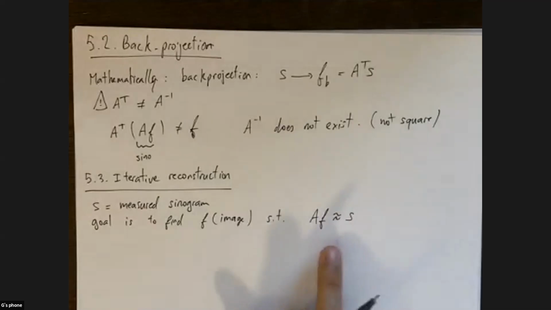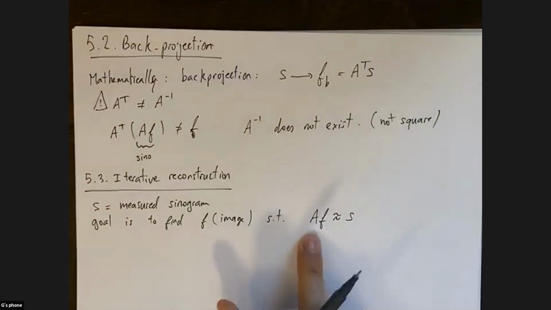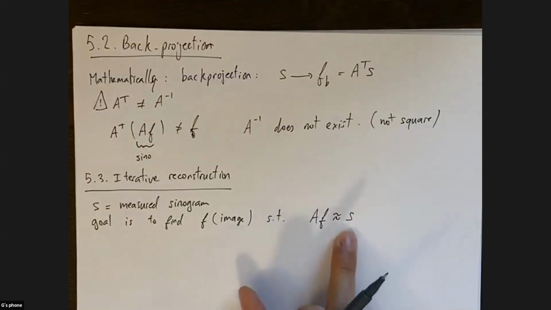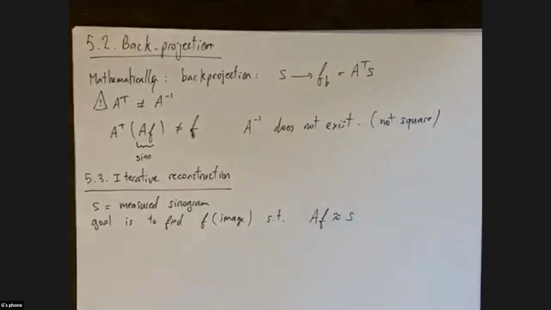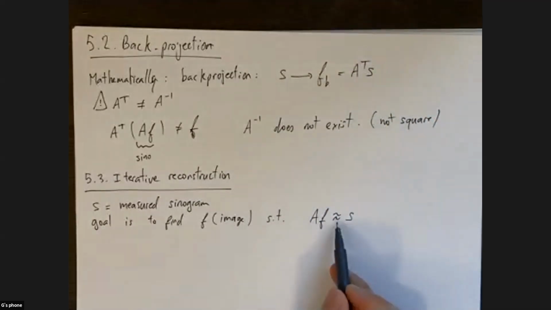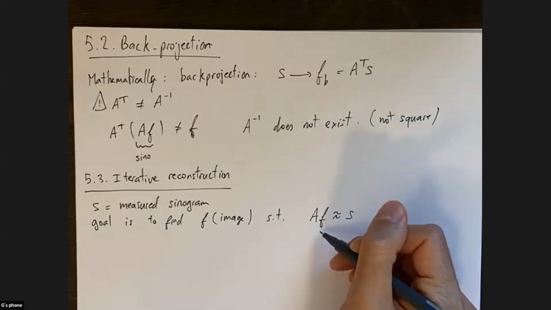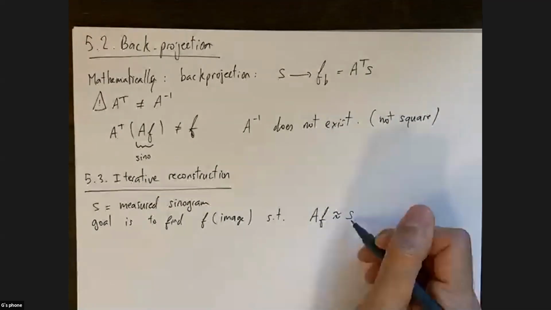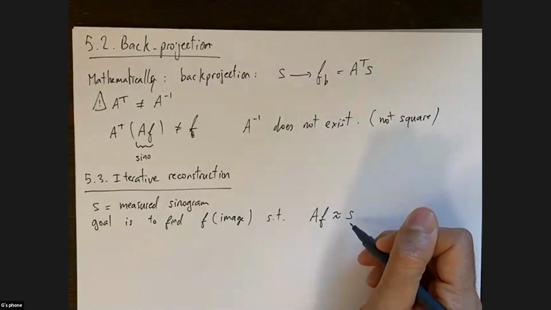So we want to find the image that, when projected using the matrix A, gives us the sonogram that was measured by the scanner. This is not an equal sign, because again, A does not have an inverse, so there may not be an image F that exactly gives us S. There's no exact inverse we could apply.